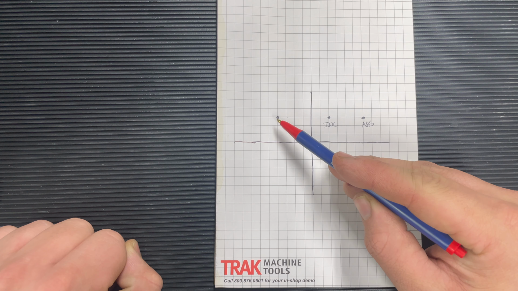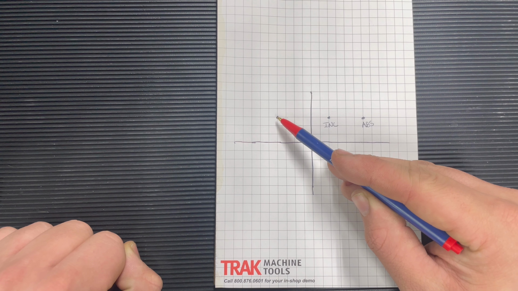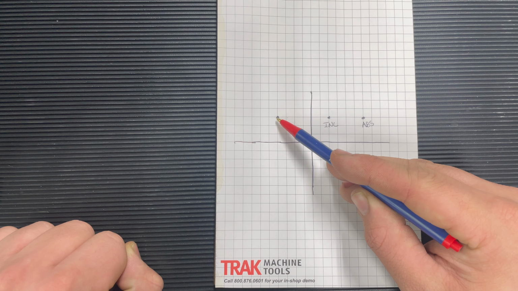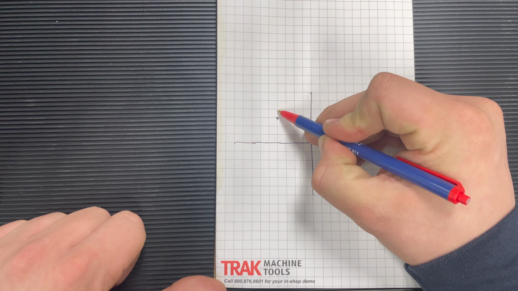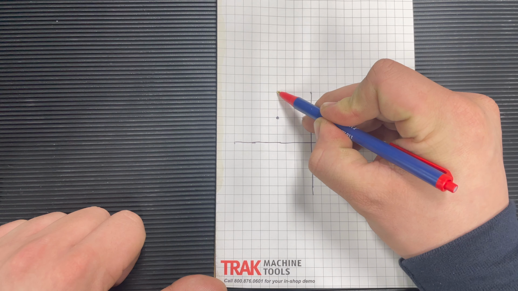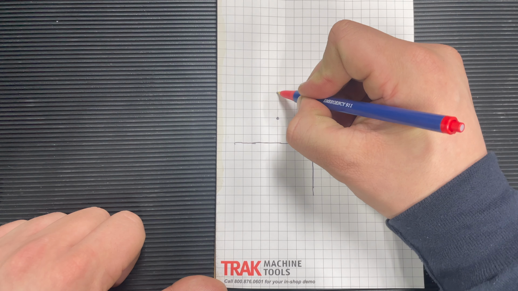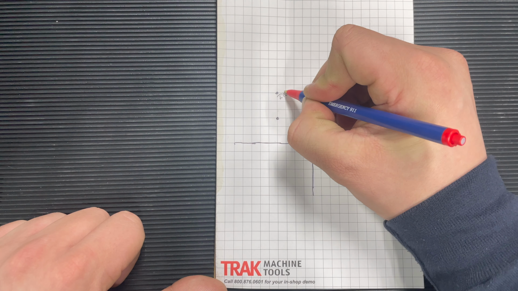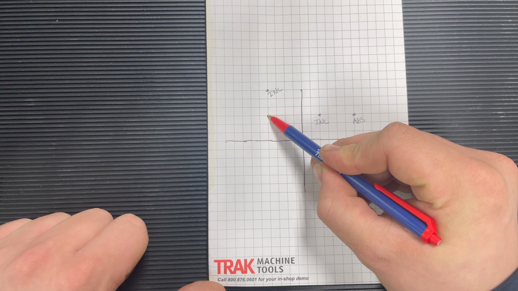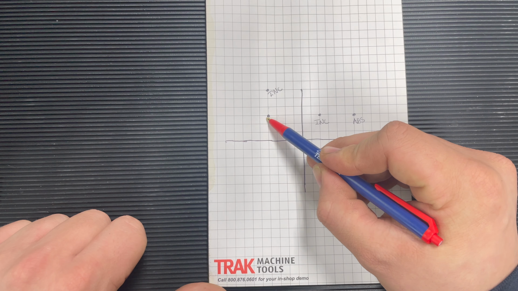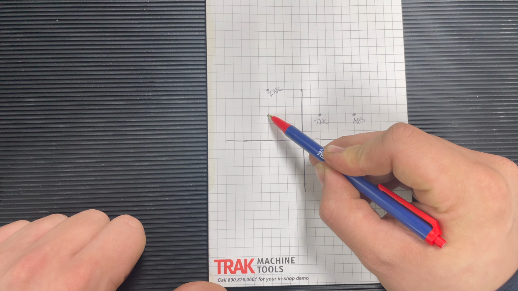This works the same in the y direction. If I wanted the machine to move 3 incrementally, it would move positive 3 inches. If I told the machine to go to 3 absolute, it will stay where it's at because it's currently at 3.